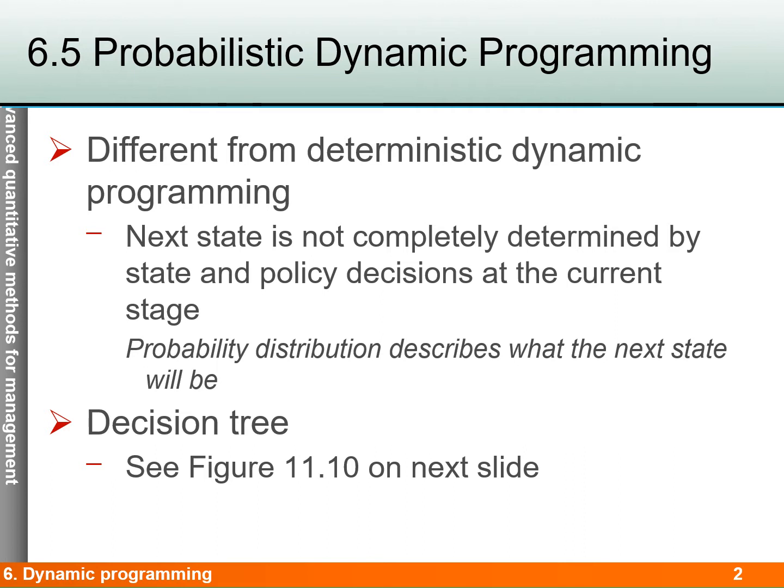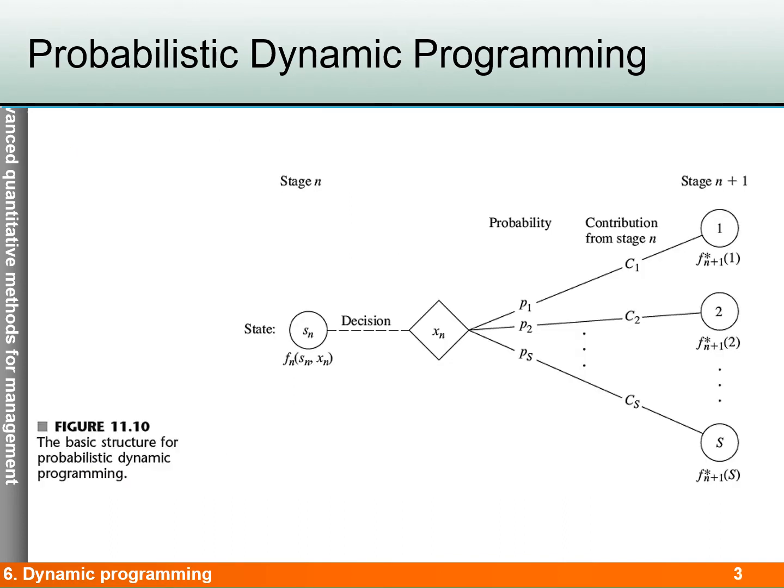To understand this explanation better, let's see the decision tree, figure 11.10, on the next slide. This diagram shows the relation of probabilistic dynamic programming.